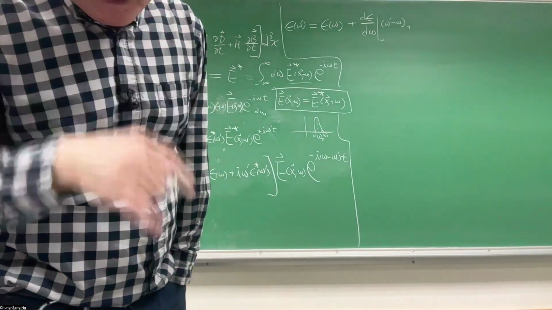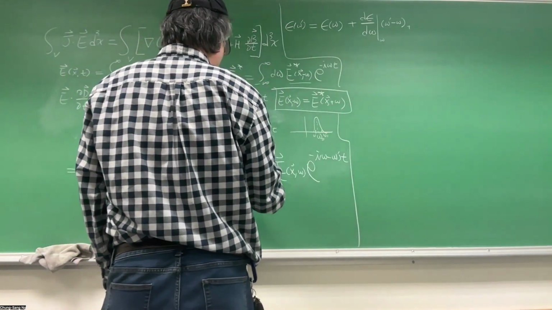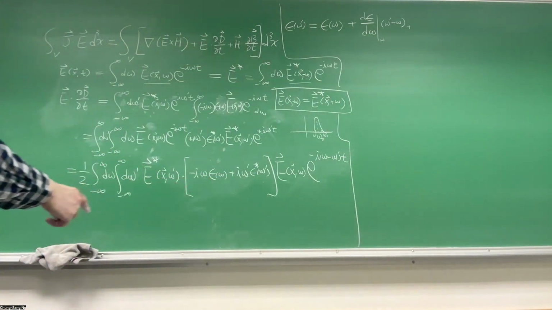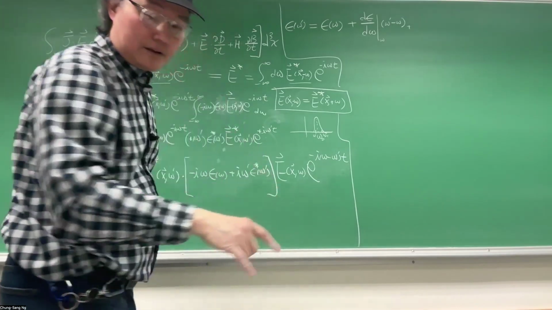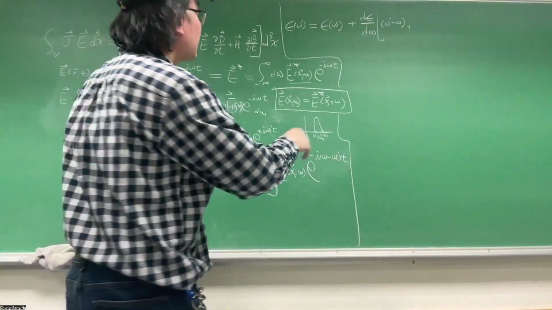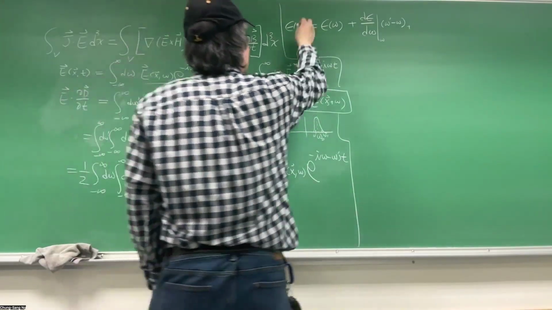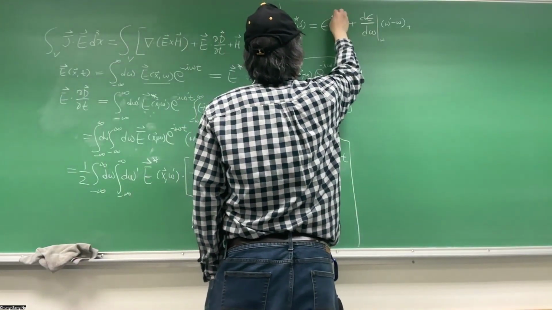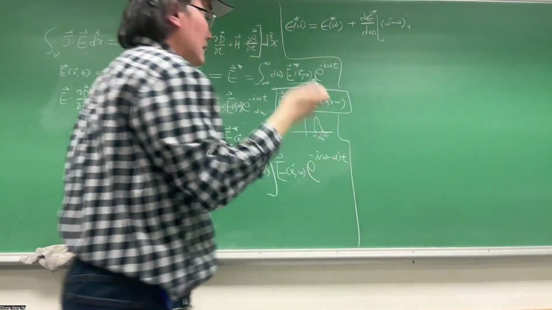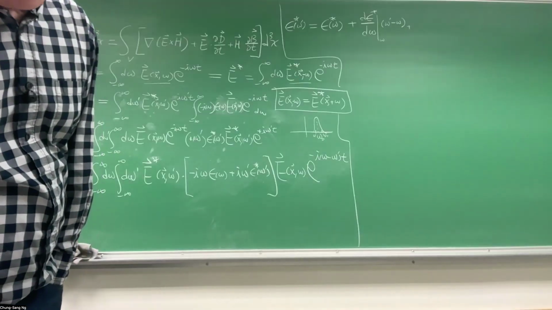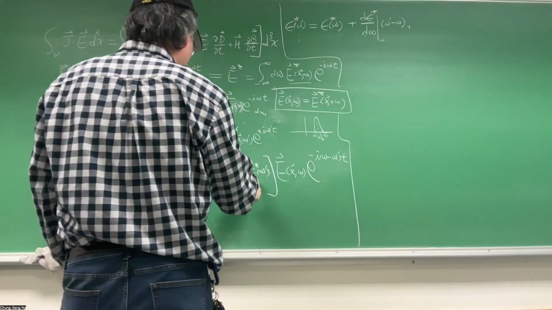Then we can substitute this into here, because obviously you take the complex conjugate. Right. Now you substitute this into here.